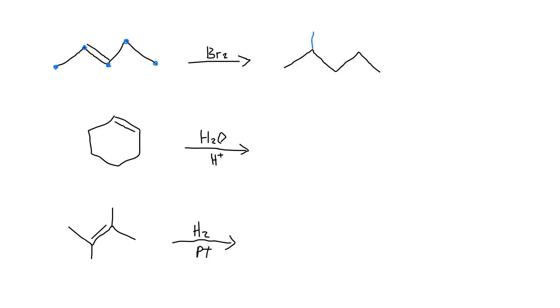So here's a bond to bromine, and here is a bond to bromine. And that's it. Does that make sense? Any questions? Okay, cool. It's okay if you need to ask questions.